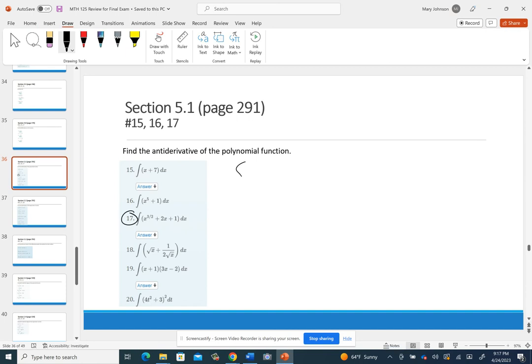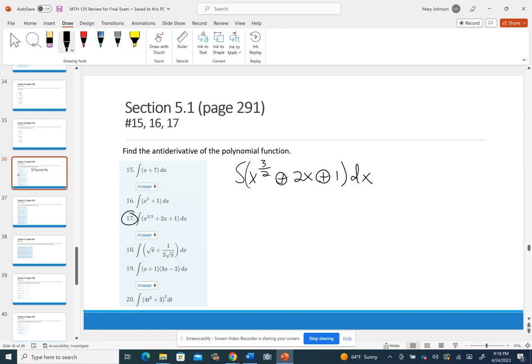On that one, we were being asked to do the antiderivative for this polynomial. Well, it's not really a polynomial because of the x to the 3 halves, but of this function. When we go to do that, since we have pluses and minuses, if you just have adding and subtracting, then you can do term by term integration.